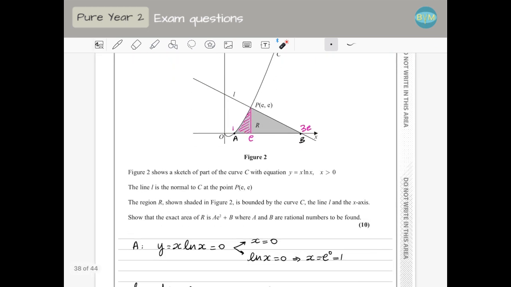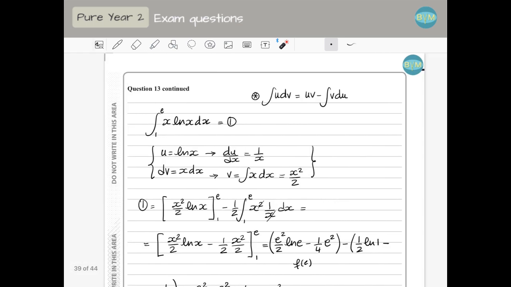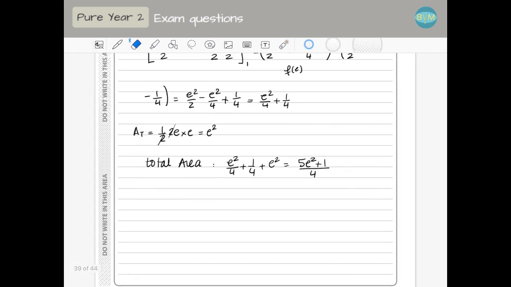Actually, they ask us to write in a particular way. So it's a constant e squared plus b. So I'm going to separate them. I'm going to write a constant times e squared plus a constant, which means a, just to write the value of the constant, is 5/4 and b is 1/4.